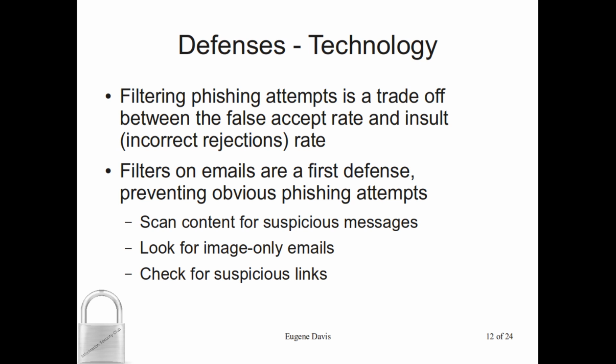The filters on emails are obviously a nifty little first defense. They prevent the obvious phishing attempts, so I am the Prince of Nigeria, with weird capitalization schemes, very odd misspellings, and strange spacing. They scan the content for suspicious messages. They can look for image-only emails, because those are uncommon, although I do know some marketers that think they're smart. And it can check for suspicious links.